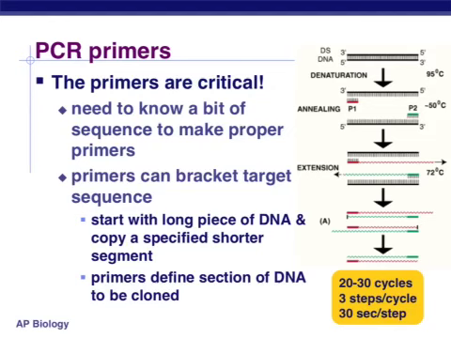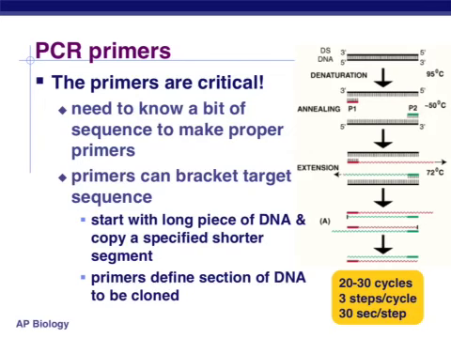Because you're going to order these primers or build these primers based on the sequence of the piece of DNA that you're trying to copy. So you start off with a long piece of DNA and you copy a specified shorter section of the DNA, and then the primers will define the section of DNA that's going to be cloned. So if you look at the picture, if you only want this region of DNA, then you're going to have at least that much primer so that polymerase can build the rest of it in both directions.